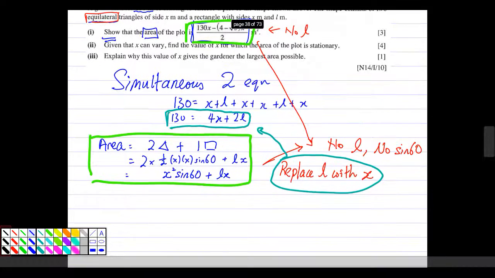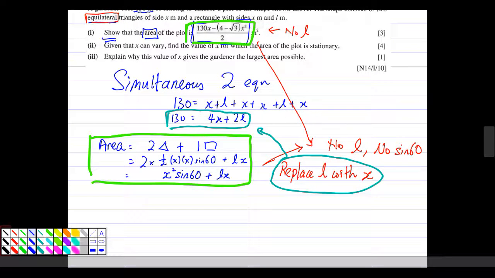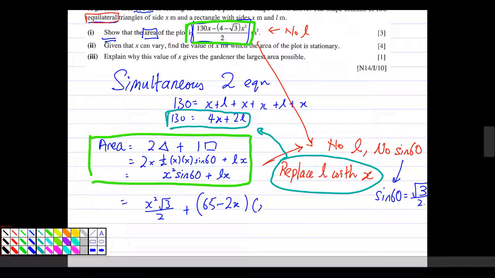Okay, moving forward. So how do I replace? Now, what exactly is sine 60? Do you remember sine 60? Square root 3 over 2. So I will have x squared square root 3 over 2 plus this value here will be 65 minus 2x, right? Then the x.